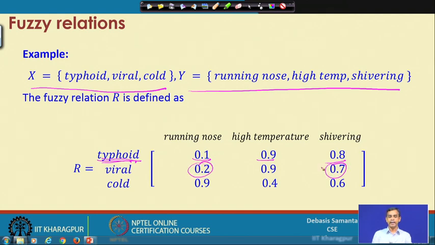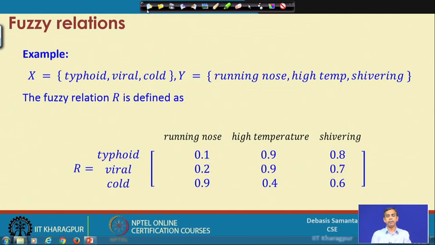So, the relation matrix shows how the elements belonging to the different sets are related to each other. This is the physical significance of fuzzy relations. It is clear that the entries in the relation matrix are any value between 0 and 1, both inclusive.